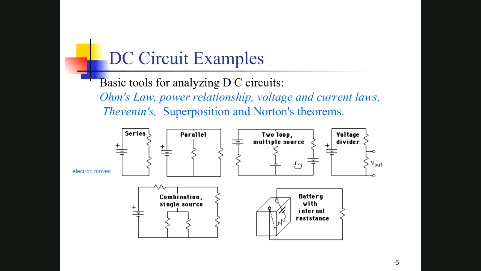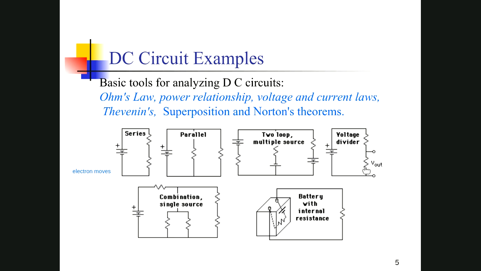And here we have voltage dividers. So source here, two resistors here, and the total voltage is shared by these two resistors.